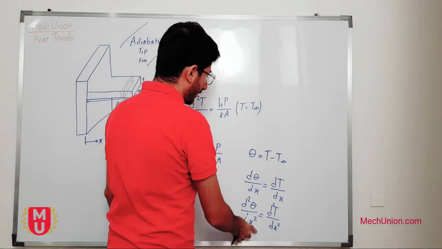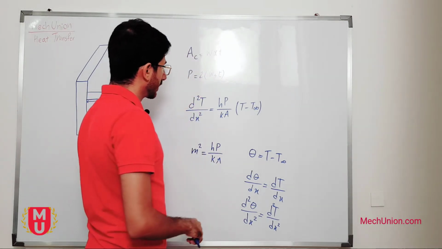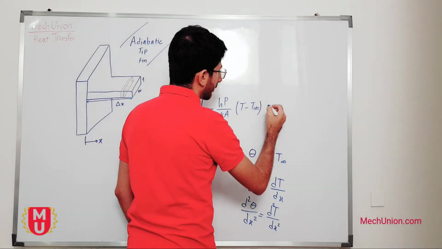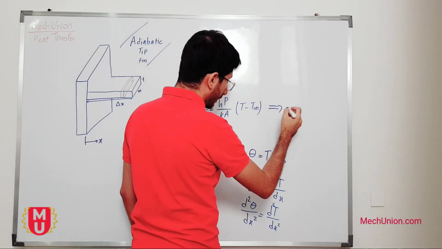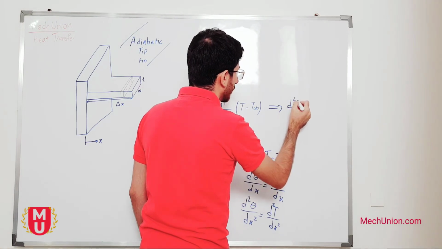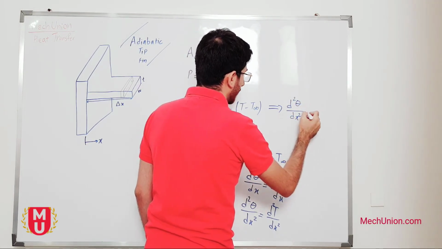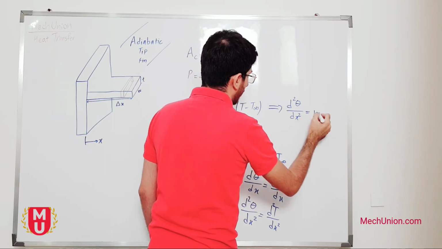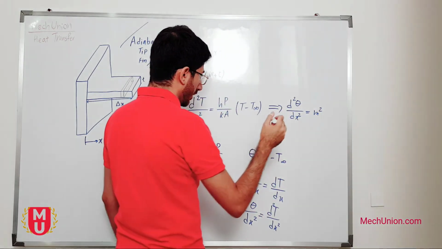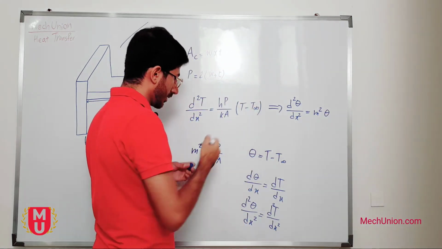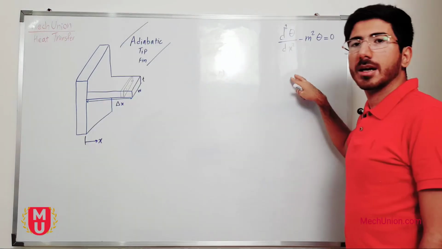If we substitute in our main formula, we have d2 theta over dx2 equals m2 times theta. That's our new differential equation.